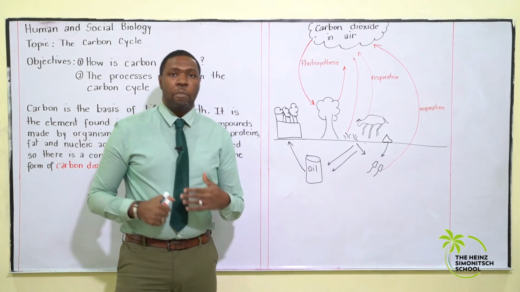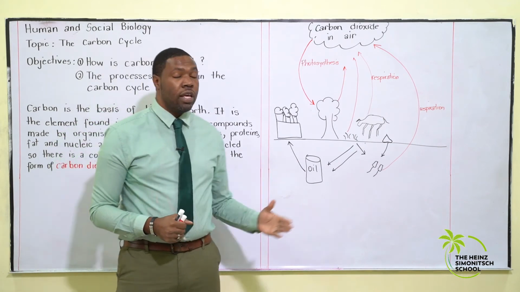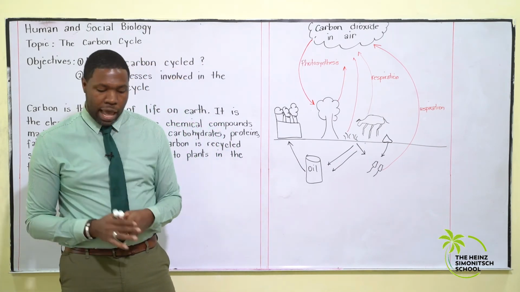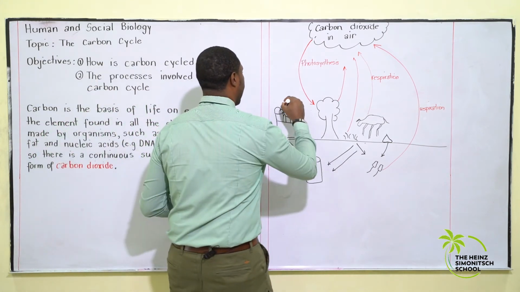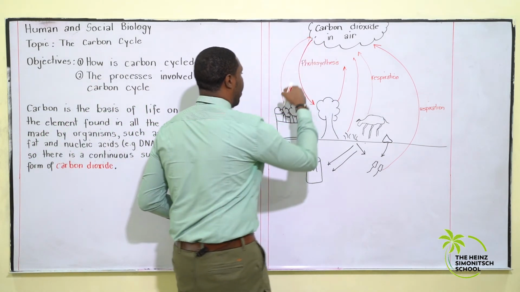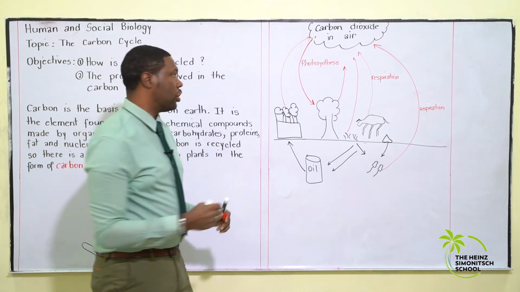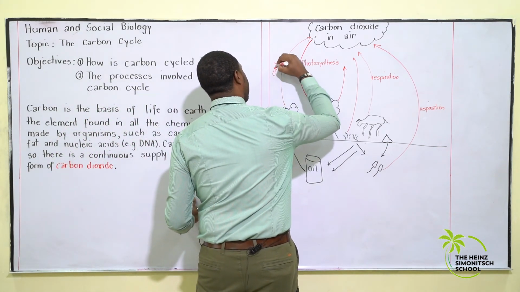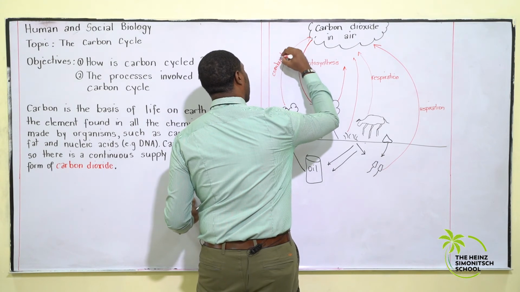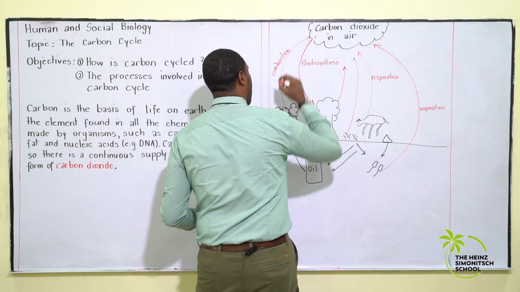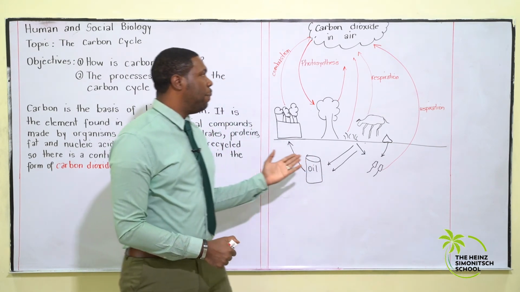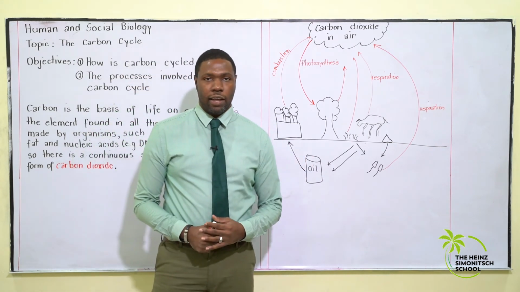Now, when they burn this fossil fuel, it releases carbon dioxide back into the atmosphere. And this process is called combustion. So there you have it, students. A simple diagram of the carbon cycle.